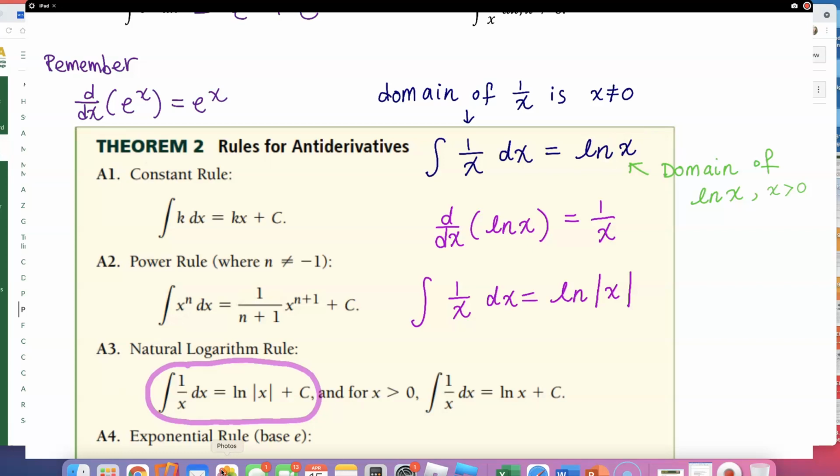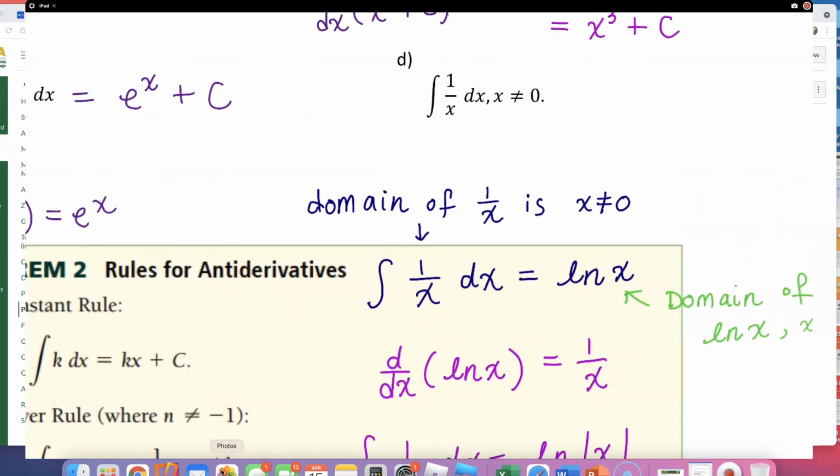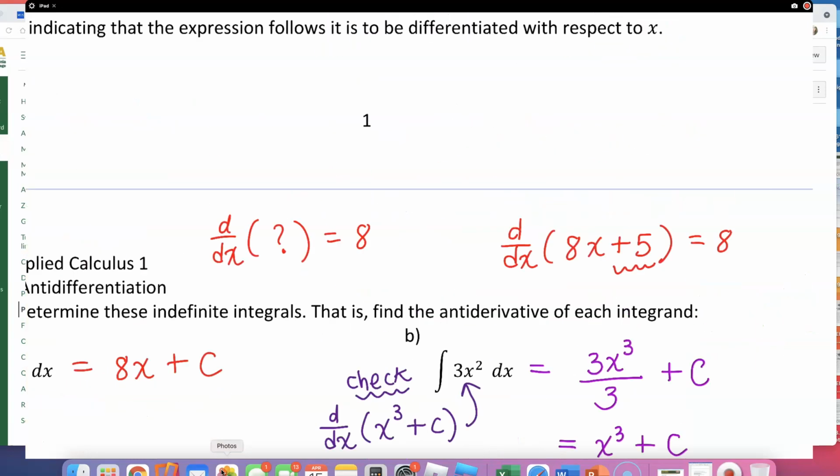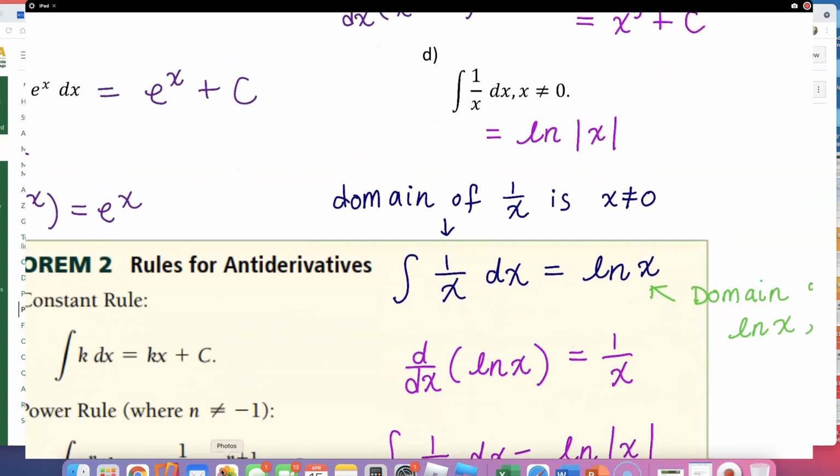Because of that property, we know that the integral of 1 over x is equal to natural log of absolute value of x. And don't you forget to put that plus c after it. And that is it for this problem.